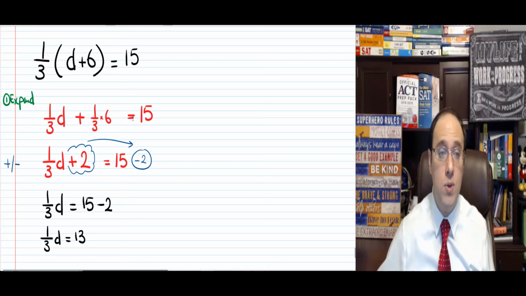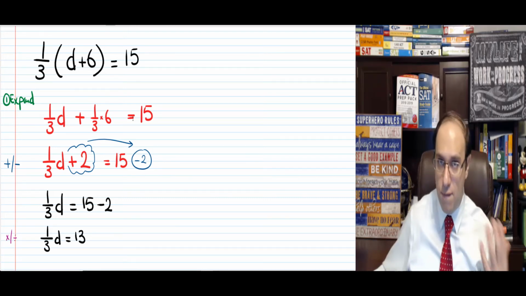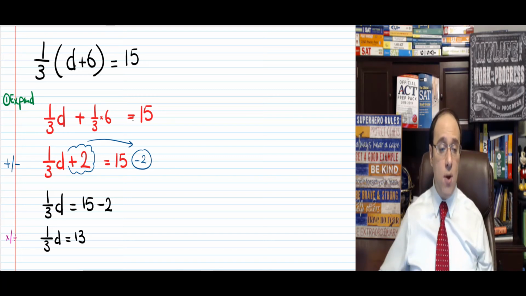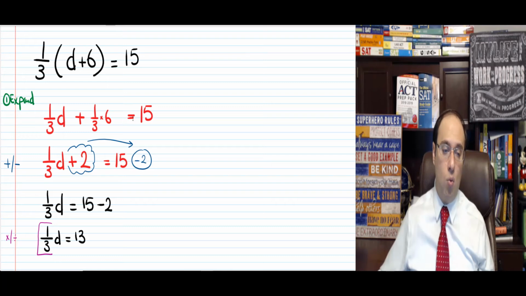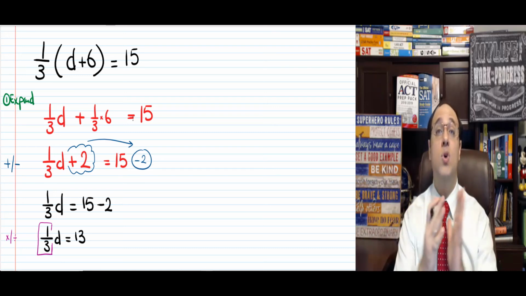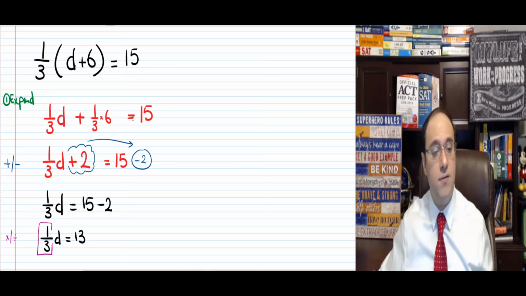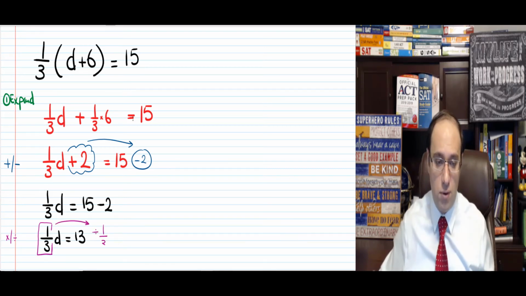Super. Now what do we do? We need to get rid of the multiplication or the division with the variable, with d. Here I have 1/3. All of this I'm going to consider one thing, one number. D, which means 1/3 times d, which means d times 1/3. So it's multiplication on the left, moves to the other side as divided by 1/3.